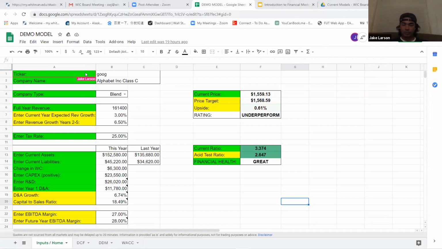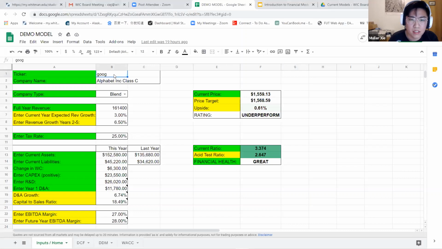Yeah, so Jake and I are going to run a demo model pretty quickly here. The company that we are going to analyze today is Microsoft. The ticker is MSFT, and it's quite a stable company, and we are going to analyze its cash flow and dividend payment today.